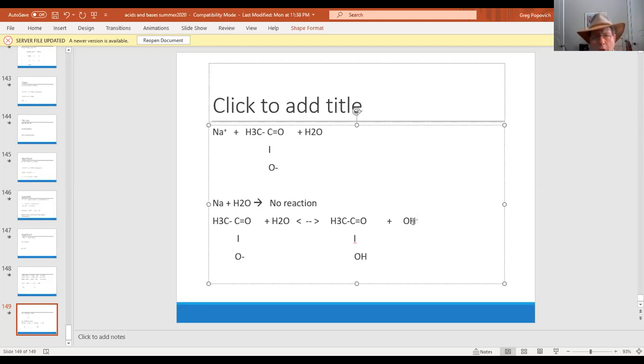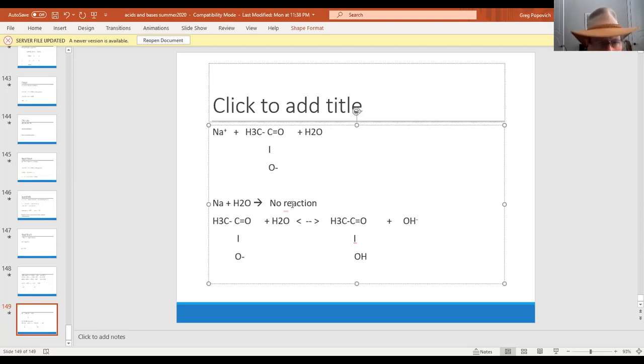Now, what is happening here? Are we generating OH minus? Yes. We're generating OH minus. OH minus is a base. So when we put sodium acetate into solution, the sodium doesn't react with the water.